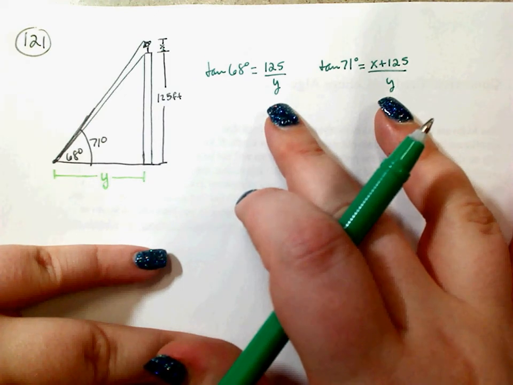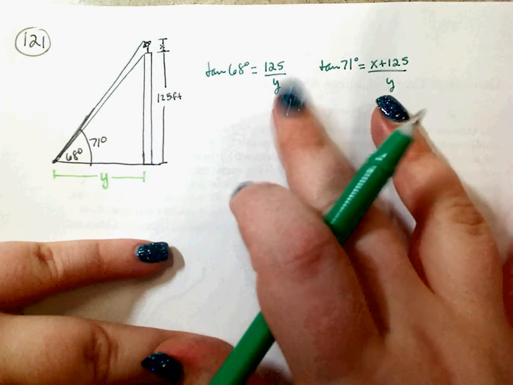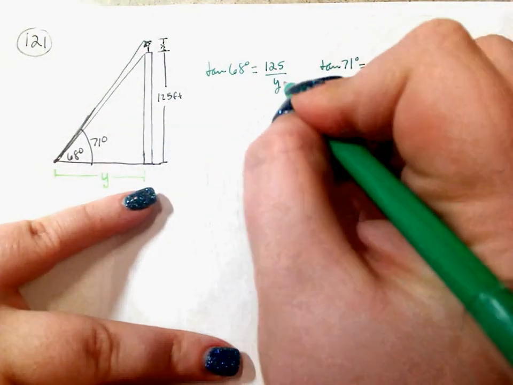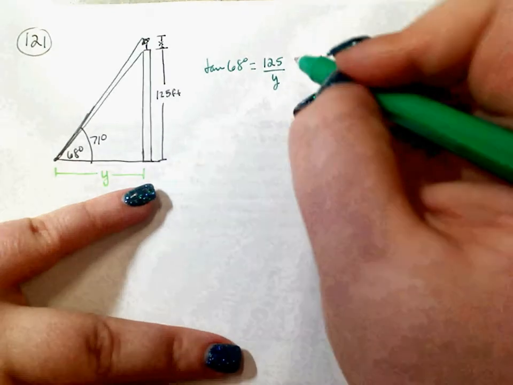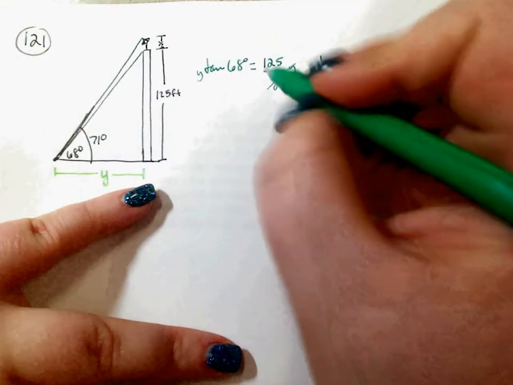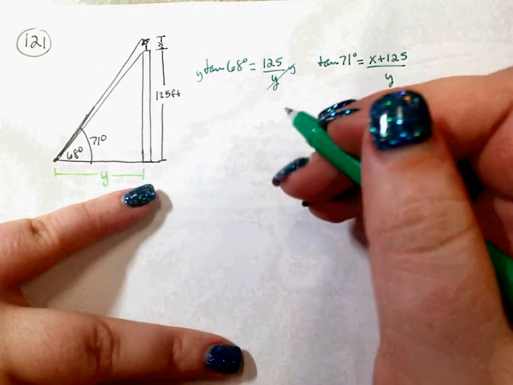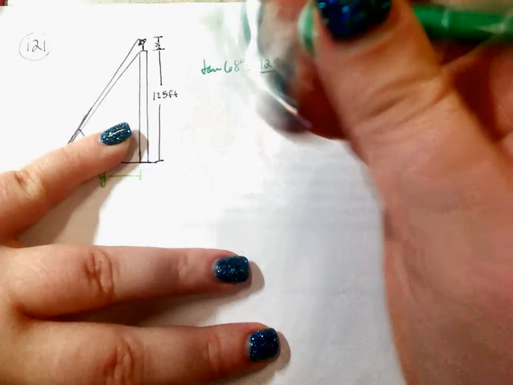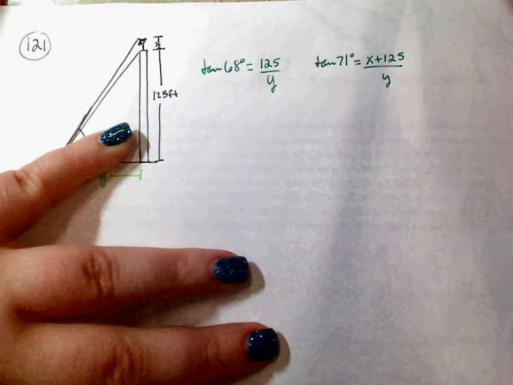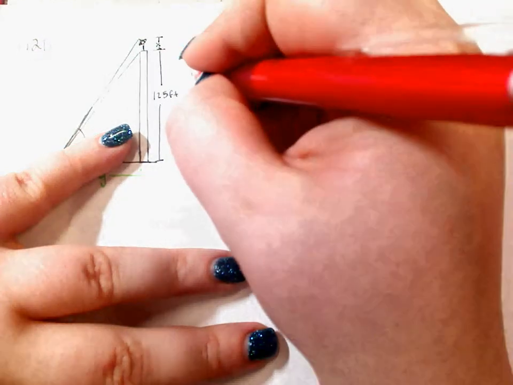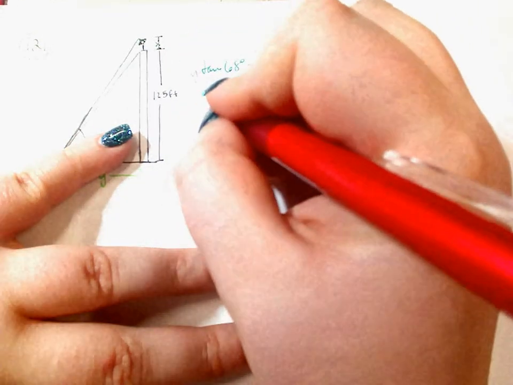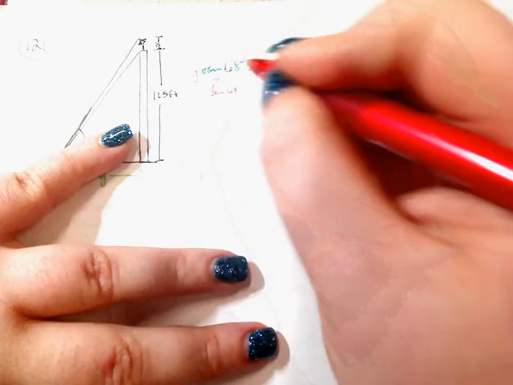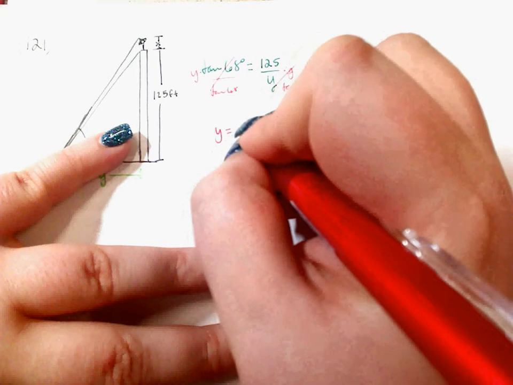Or solve for y and substitute in there. It just might be easier to do what I'm about to do. So if I solve for y, I'm going to multiply both sides by y, and then I divide by tangent of 68, and you end up with y equals 125 divided by tangent of 68 degrees, right?